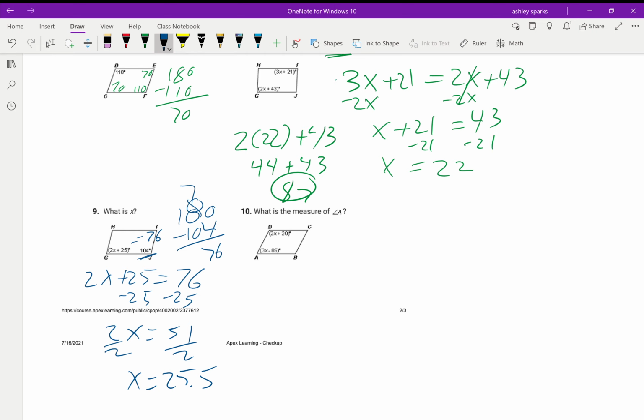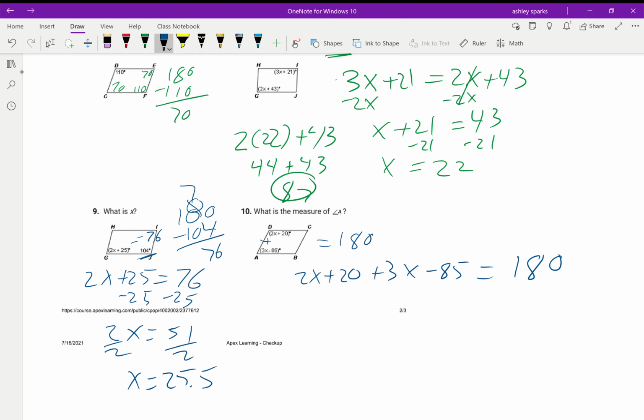Whew. And last but not least, we have 10 here. What I would do for 10 here is they're not opposite, so they don't equal each other, but they do add together to give me 180. So I would set something up like 2x plus 20 plus 3x minus 85 should give me 180 degrees, which looks like a lot right now, but we should simplify.